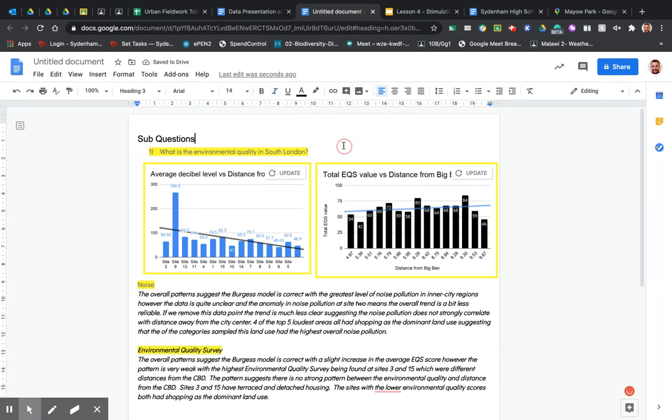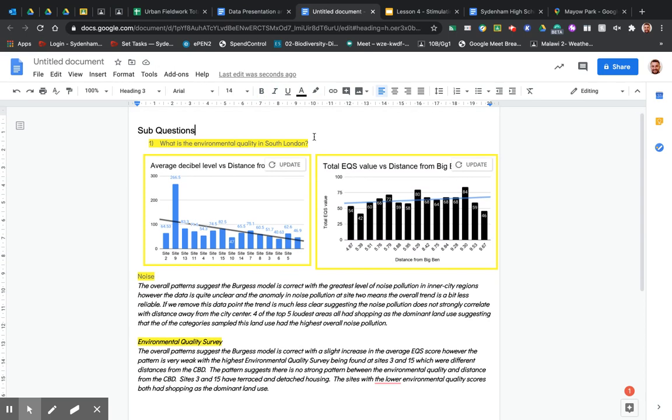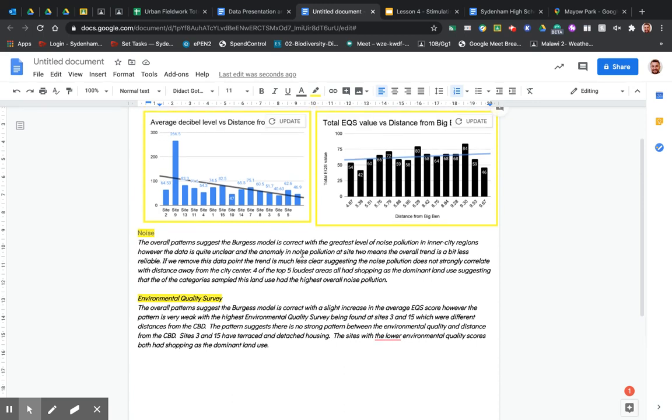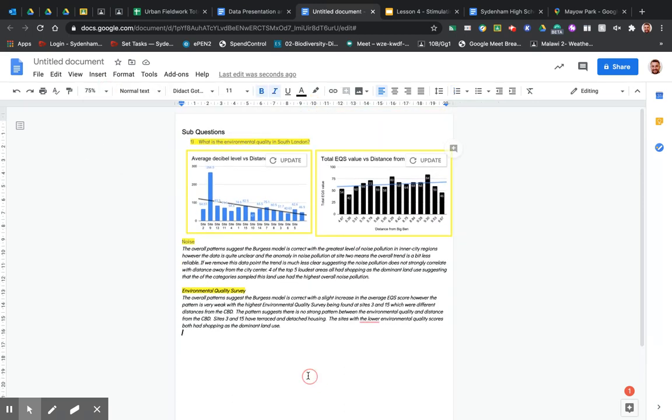And then we want to come back to what is the environmental quality in South London? Let's focus on answering this question. This is what we set out to do. So the easiest way to do that is to start by repeating the question. Overall, this shows the environmental quality in South London is highly varied.